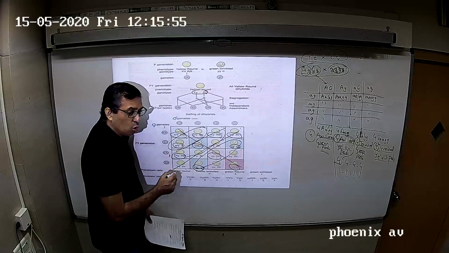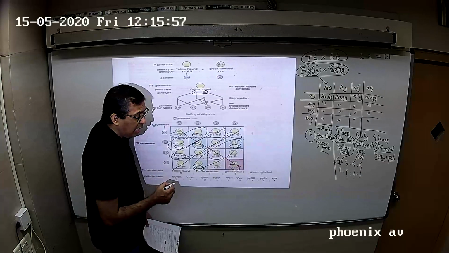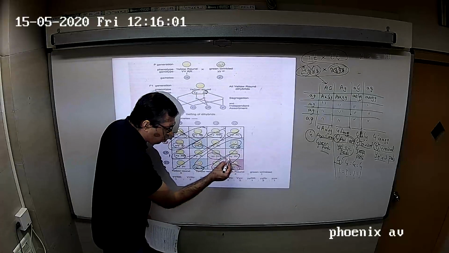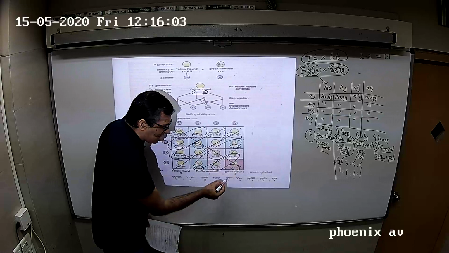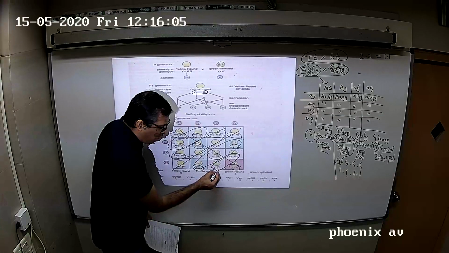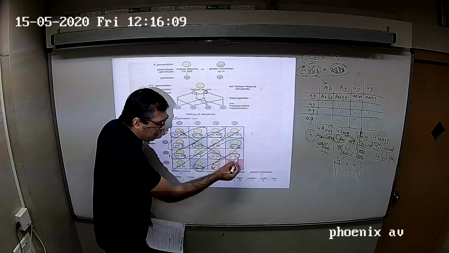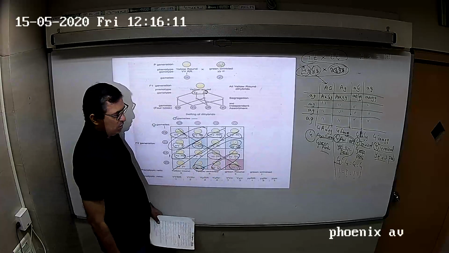So these are again 2 single heterozygous, single homozygous. And these 2 plants are small y, capital R, small r: homozygous, heterozygous.